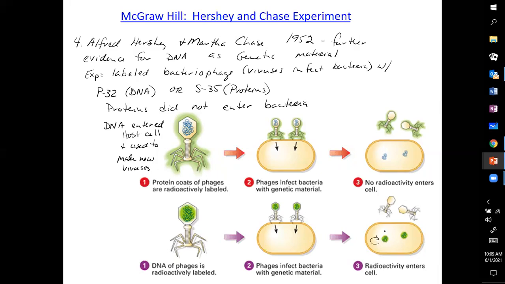So that was the genetic information to make more viral particles, not the protein coat. I think I've got an animation for this one. I checked this link, it should work.